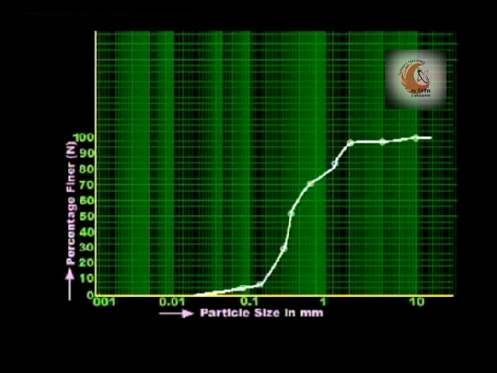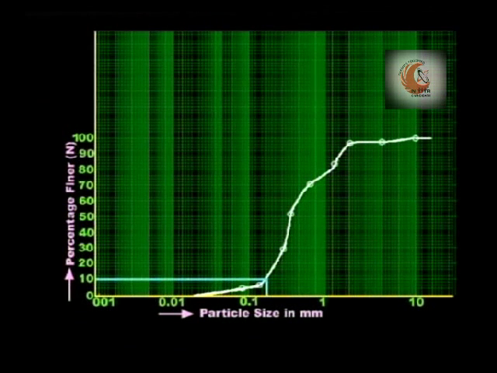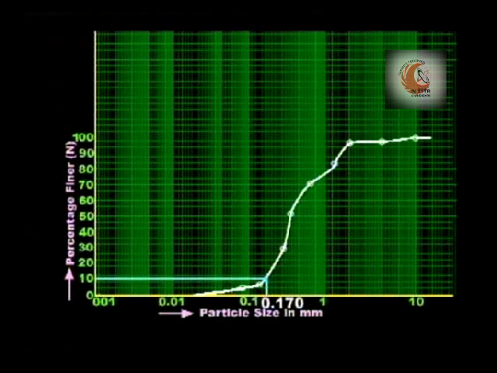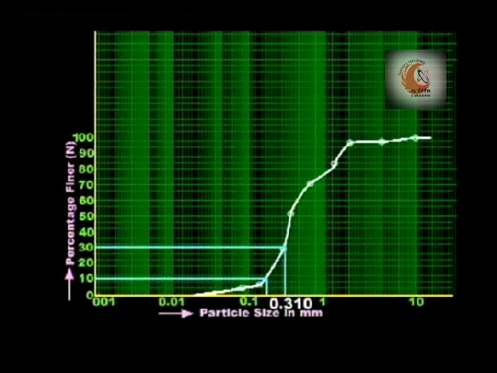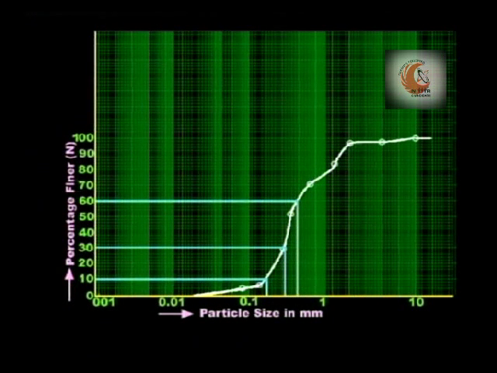For the present case, the value corresponding to D10 is 0.170 mm, D30 is 0.310 mm and D60 is 0.480 mm.